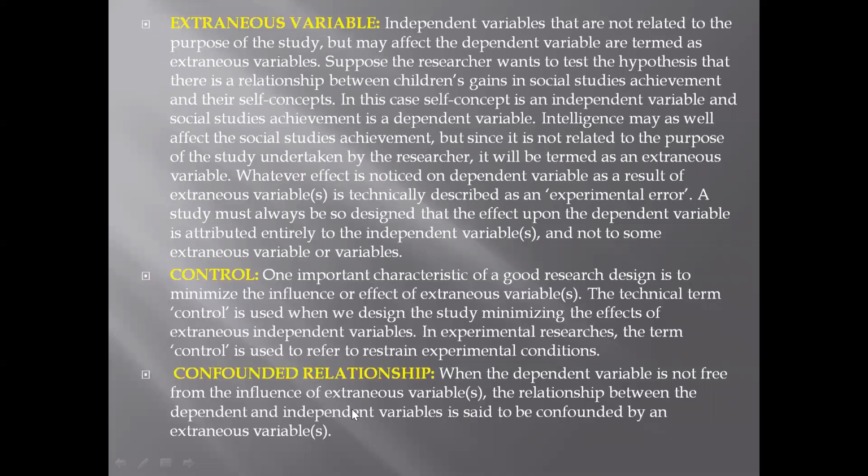Whenever the relationship between the dependent and the independent variables cannot be differentiated from each other, meaning the influence of the external variable will always be there with the independent variable, then the relationship between the dependent and the independent variable is said to be a confound relationship.